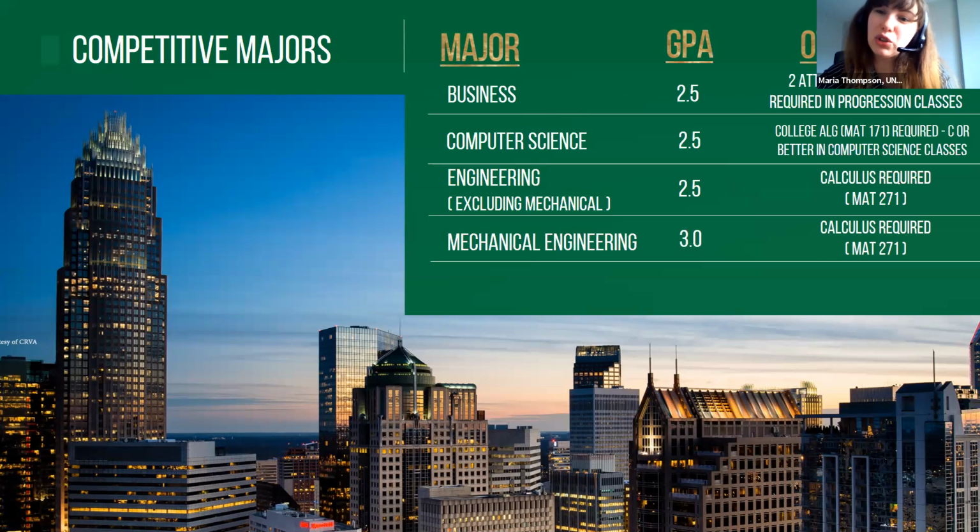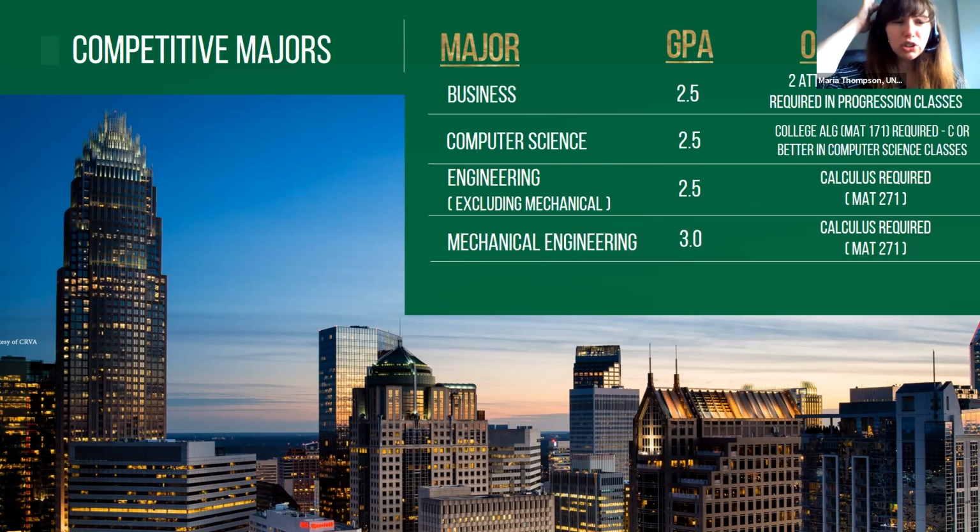Otherwise, I will admit you first as undecided for you to complete those math and science classes prior to jumping into your engineering courses. And nursing is one of our more competitive majors. Just to get into pre-nursing requires 3.0 and a B or better in nursing science classes.